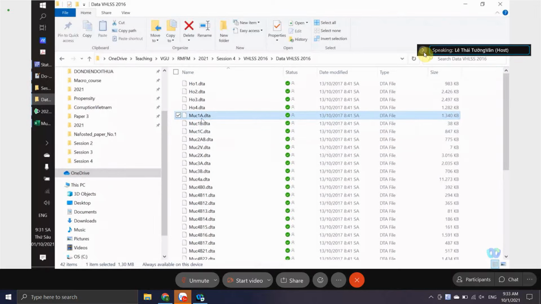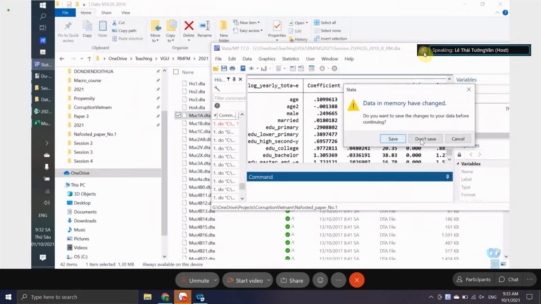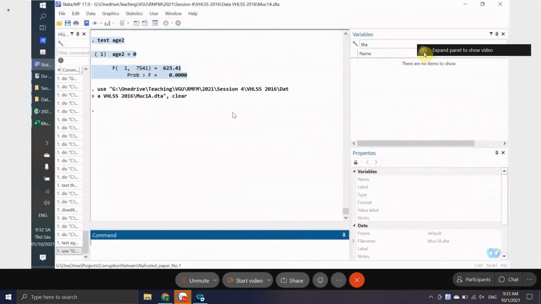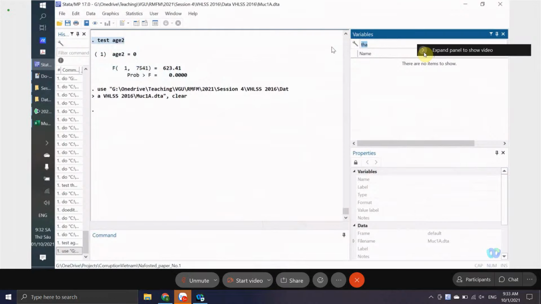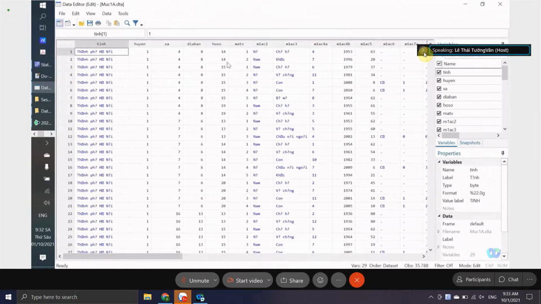This data set records all the information. You may have a look here. There will be information about M1AC2, that is mục 1A câu 2, that is section 1A, question 2.